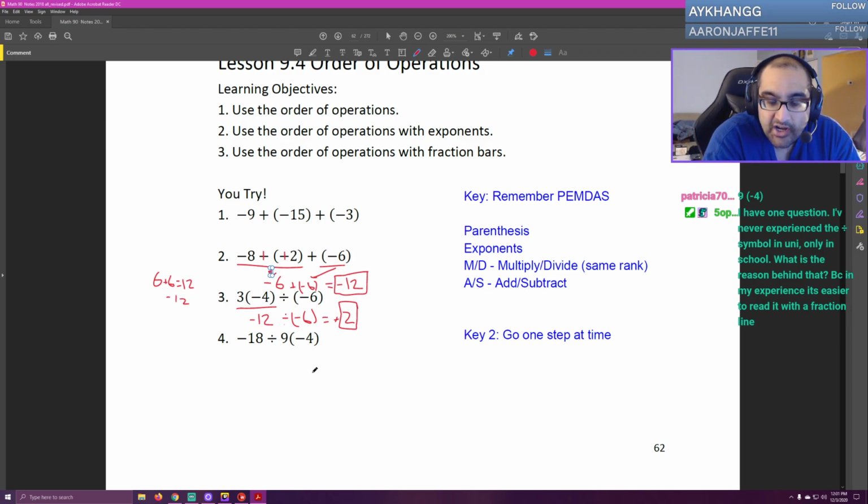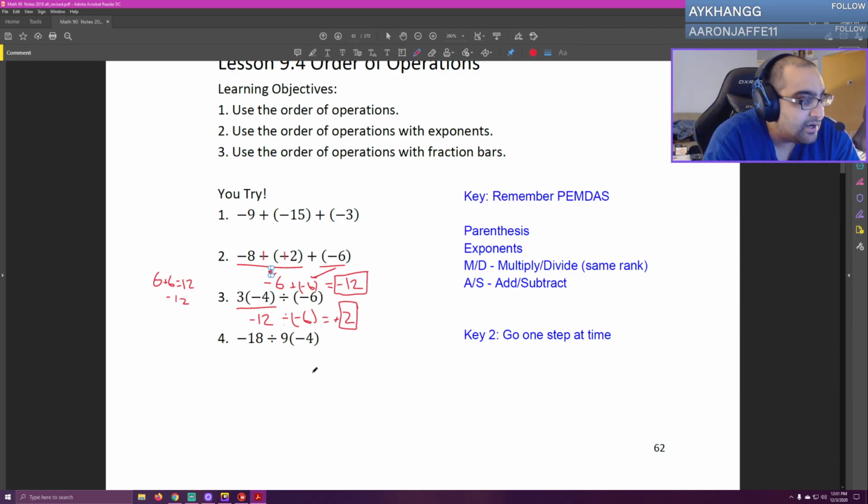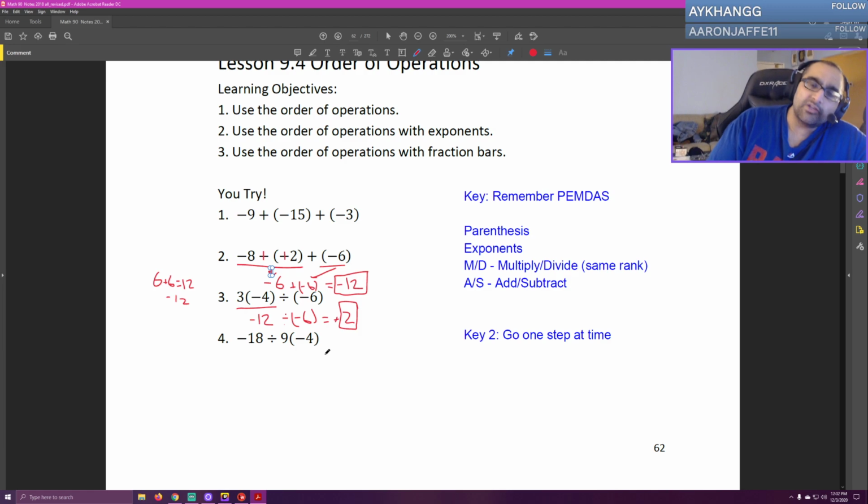It takes more time to actually write out that symbol, but for kids, it's easier to write it out with the division symbol at first. To me, I think it's a psychological thing too. So 9 times minus 4 is the first thing that you're going to do.